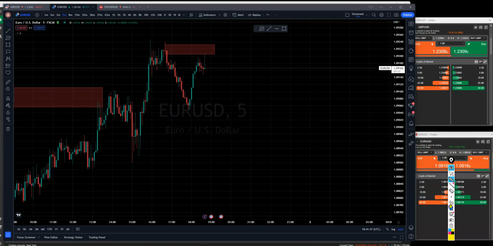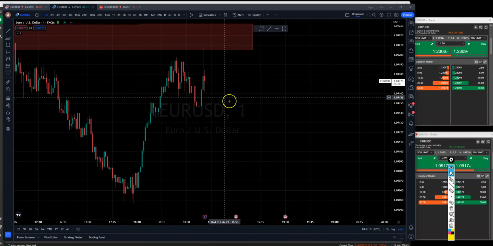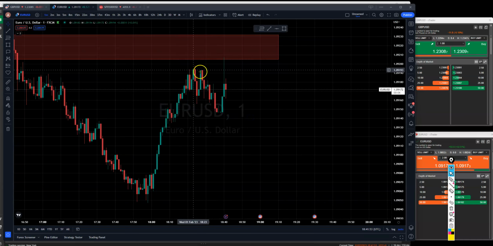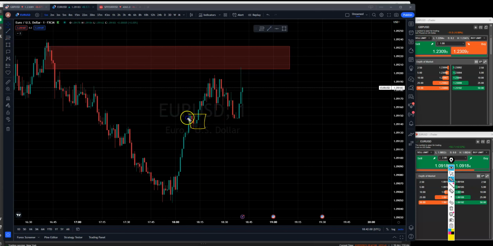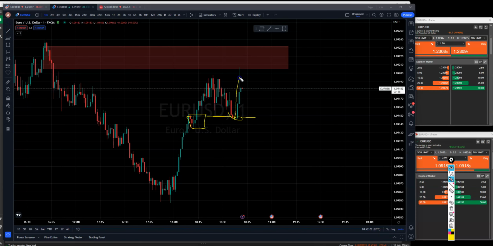So this is what I'm looking at right now. Just to show, you can see a little bit of a reversal-like formation in here, and we cleaned up this little shelf with this move, dealing off with this area.